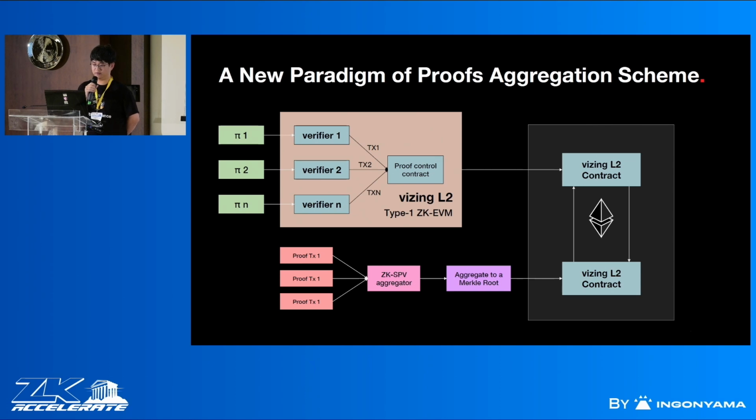Just like how a rollup works, it will periodically submit its state roots to the Vizing layer 2 contract on Ethereum, and we will have another prover service, like a ZK SPV aggregator.